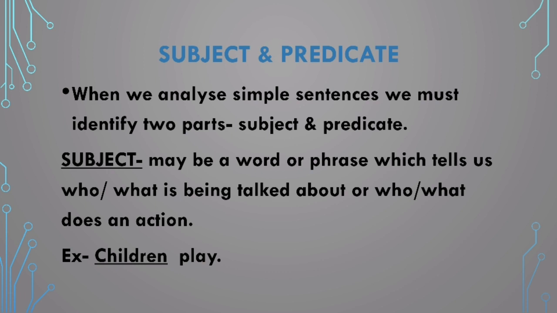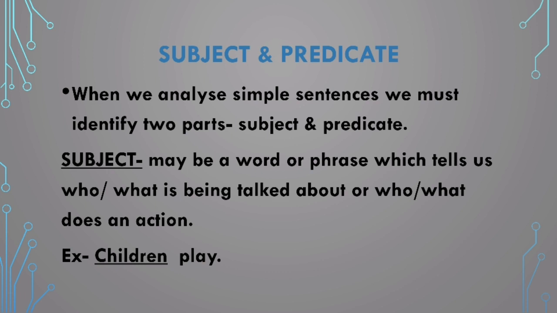Generally, when we analyze any simple sentence, we must first of all identify two parts. One is subject and the other one is predicate. Now, what is subject? It may be a word or a phrase which tells us who or what is being talked about, or who or what does an action.